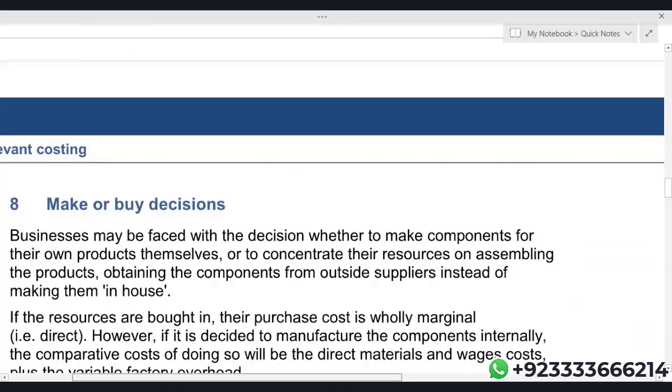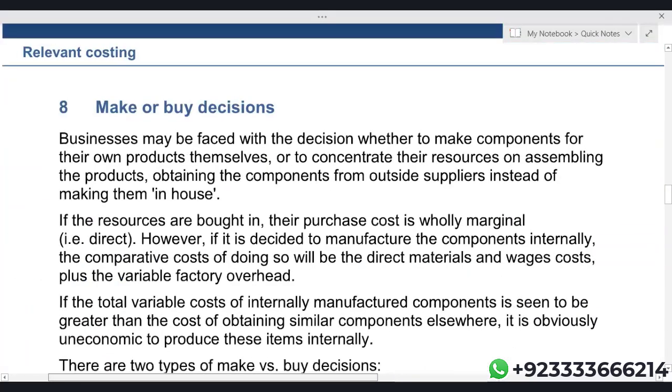Now let's go ahead. A very important decision we are starting now: make or buy decision. Right now, we are just focusing on financial factors and then we'll be discussing the non-financial areas as well.